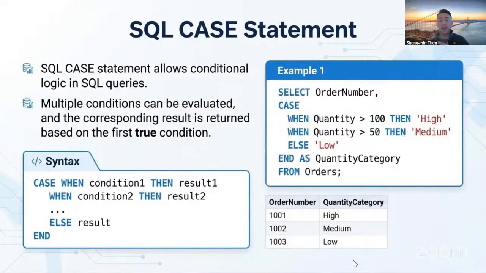But instead of the actual number of items, you want to only get 3 types of results, which is high, medium, and low. If it's more than 100, it's high. I'm sorry, between 50 to 99, then it's medium. Everything else is low. This is from the result set, as you can see, returning high, medium, and low in the quantity category.